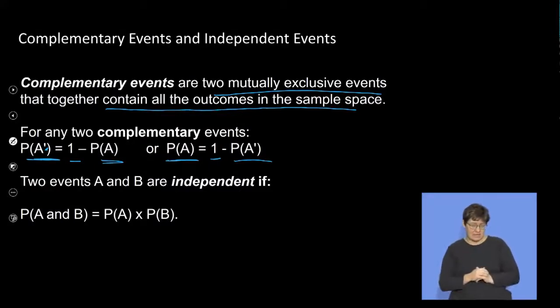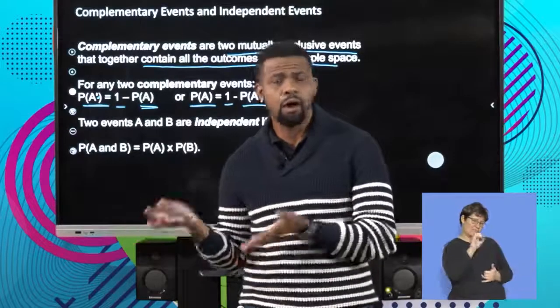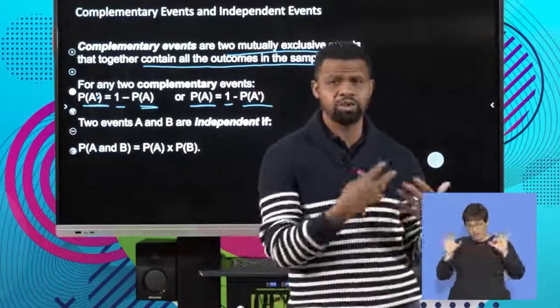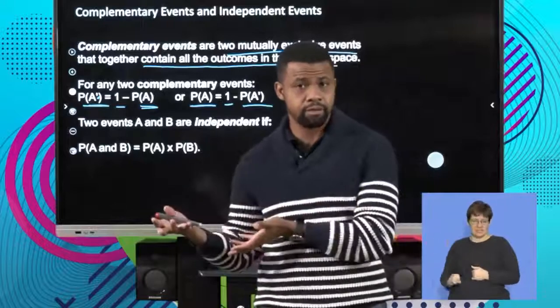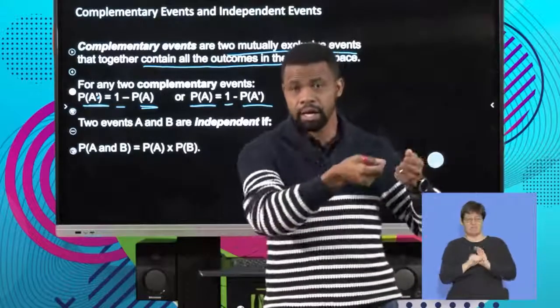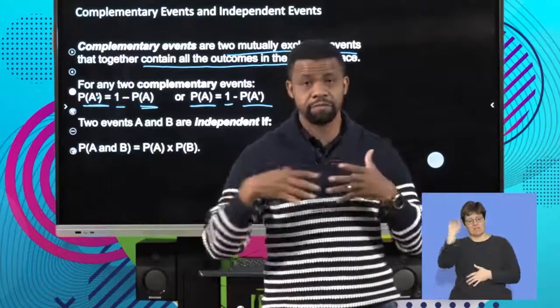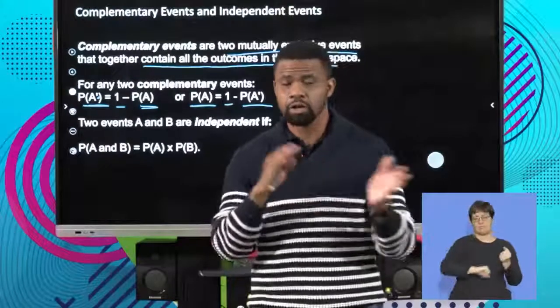If the probability that it will rain today is 50%, what is the probability that it won't rain? It's 100% minus 50%, which gives us 50%. So the two events are complementary.